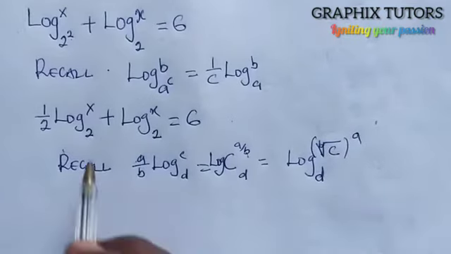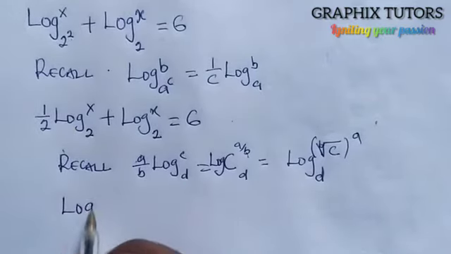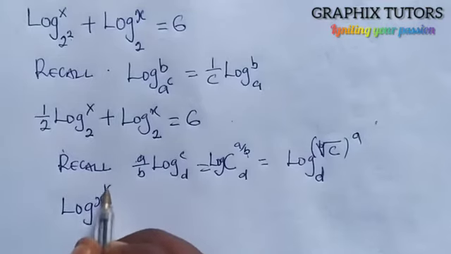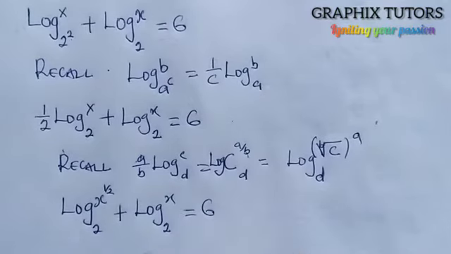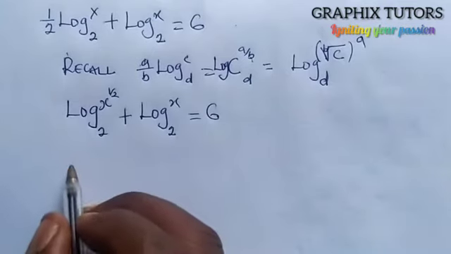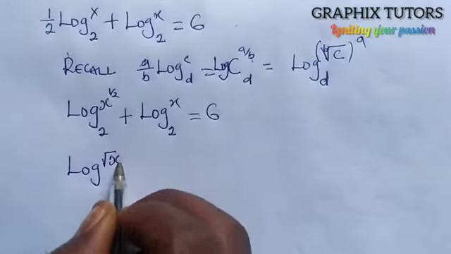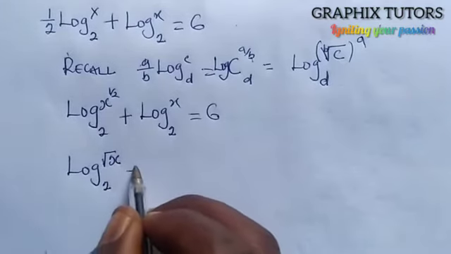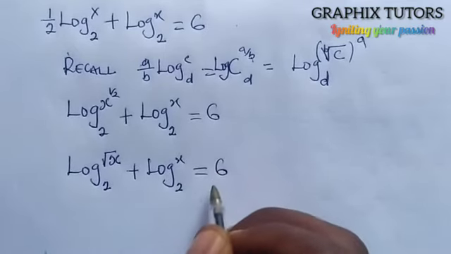So when I come here, I'll just go straight to the point by putting log x 1 over 2 to base 2 plus log x to base 2 is equal to 6, which is the same thing as writing log the square root of x to base 2 plus log x to base 2 is equal to 6.